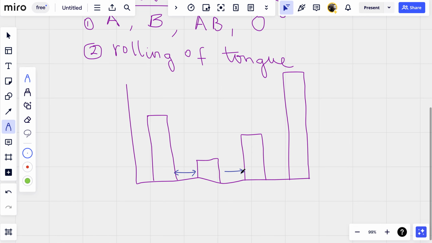This type of variation, like blood group, rolling of tongue and so on, is called discontinuous variation, and it's only caused by a genetic factor, not a combination of both.